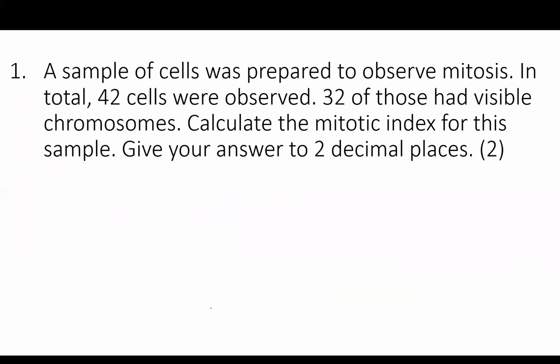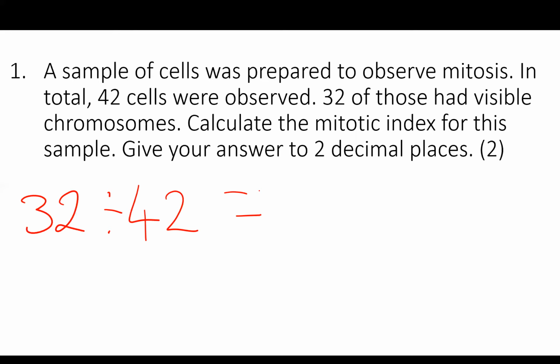So a question. A sample of cells was prepared to observe mitosis. In total, 42 cells were observed. 32 of those had visible chromosomes. And you're asked to calculate the mitotic index for this sample and give your answer to 2 decimal places. So all you need to do is 32 divided by 42.